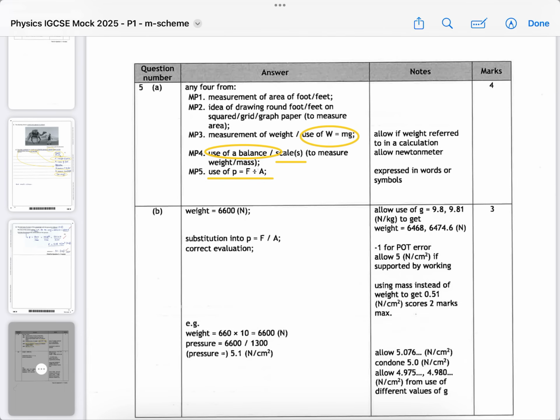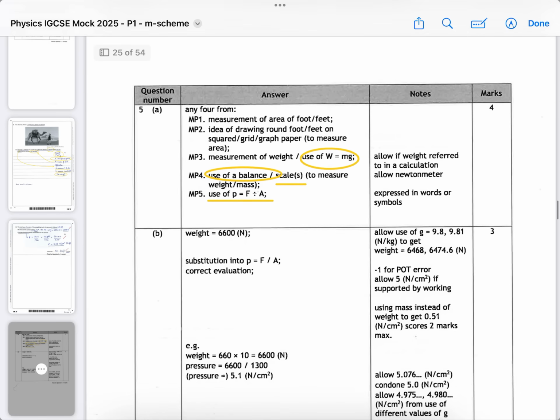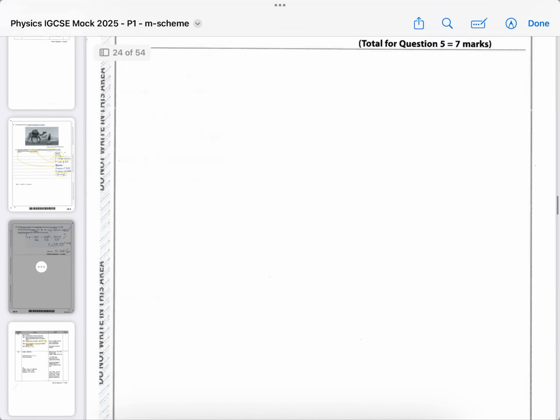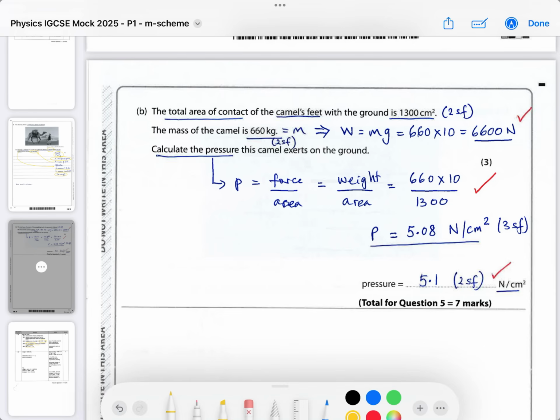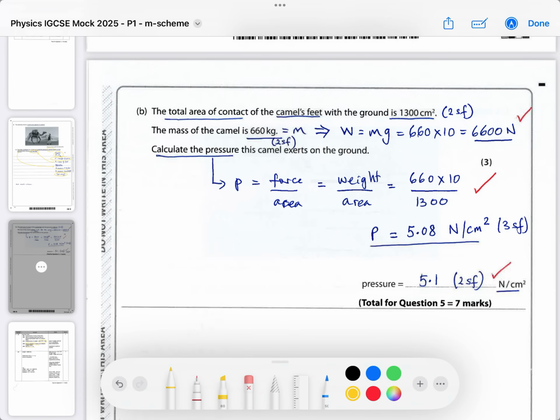The next bit, they want you to calculate the pressure on the camel's feet. The camel has much bigger feet than humans, and it has four feet. They're giving you information about the camel's feet to two significant figures.